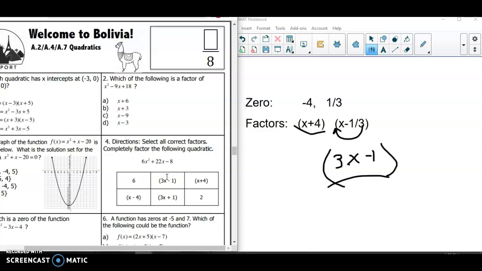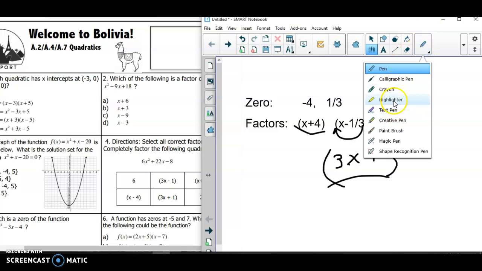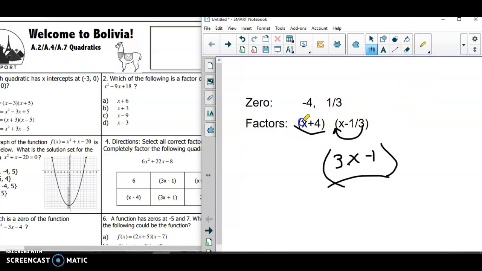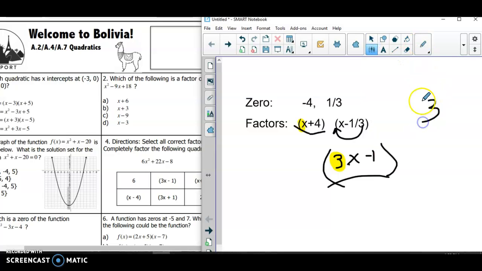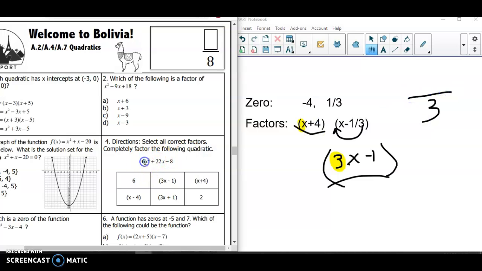The last thing that you have to find is your GCF. To find my GCF, I have to multiply the numbers that are in front of my x. In this case, a 1, and in this case, a 3. So 1 times 3 gives me 3. Then this is going to be divided into your a. Go back to your problem: my a is 6.